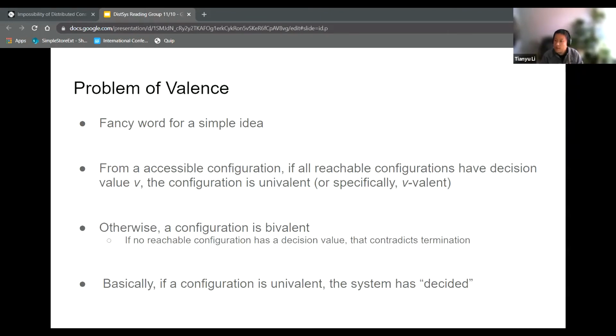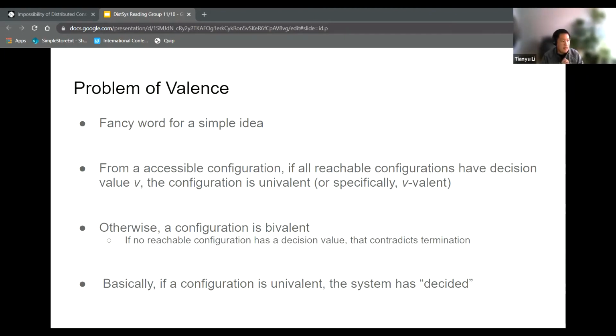Okay, one final bit of terminology before we get into the meat of the proof is the problem of valence, right? If you read the paper, you know throughout the paper there are some terms thrown around, which are bivalent, univalent, all these things. That's really a fancy word for a very simple idea.